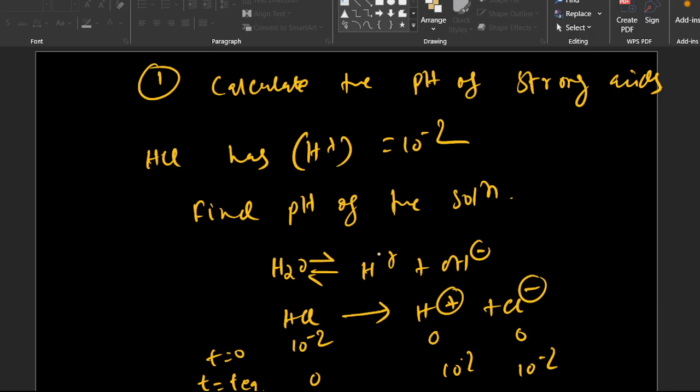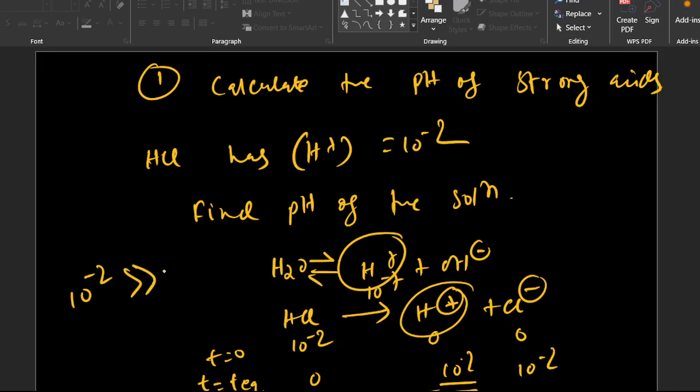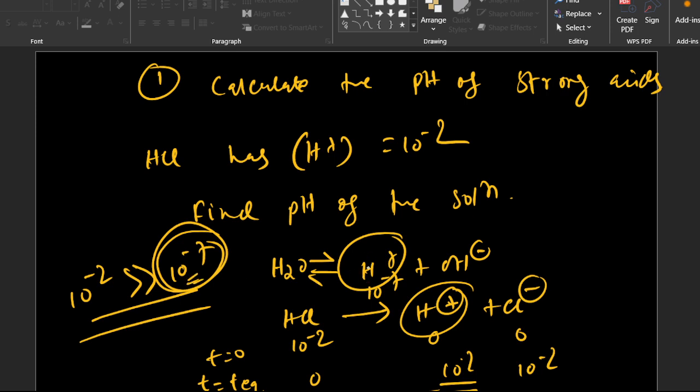So H plus comes both from water and from HCl, but the concentration from water is 10 raised to minus 7 and from HCl is 10 raised to minus 2. 10 raised to minus 2 is very large compared to 10 raised to minus 7, so we neglect the H plus concentration from water because that value is very small. For neutral water, the H plus concentration is 10 raised to minus 7 at 25 degrees centigrade.